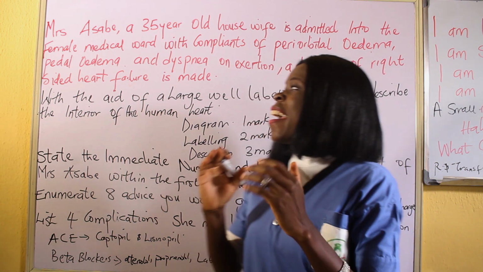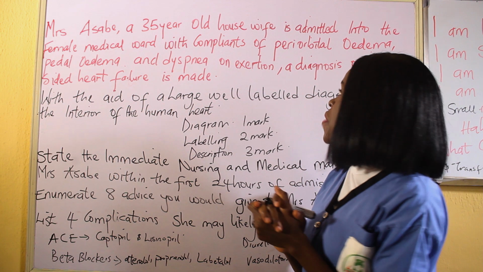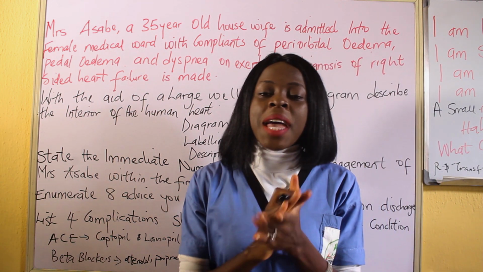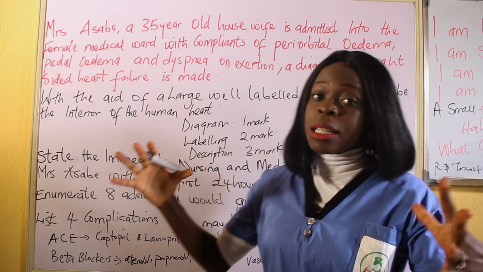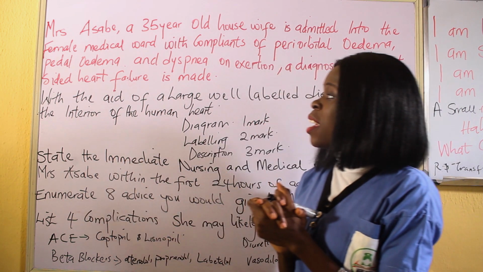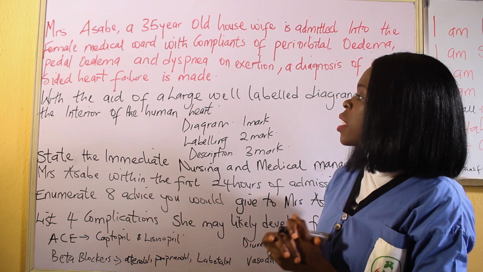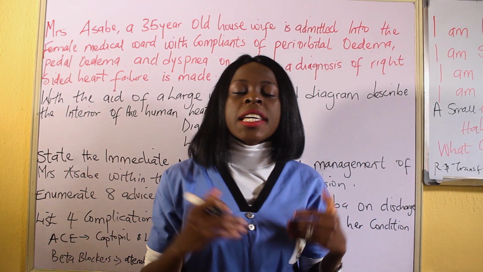Alright, it says that Mrs. Asabe, a 35-year-old housewife, is admitted into the female medical ward with complaints of periorbital edema, swelling, pedal edema, and dyspnea on exertion. A diagnosis of right-sided heart failure is made.